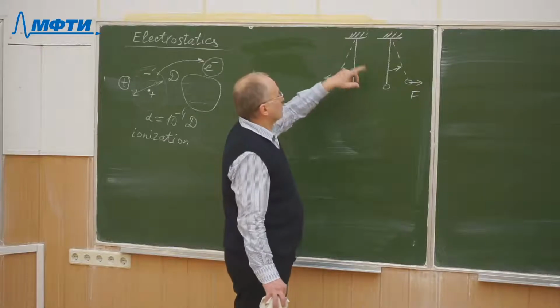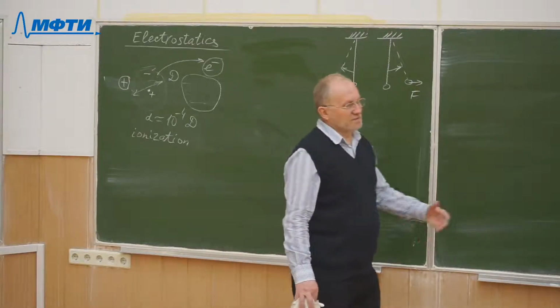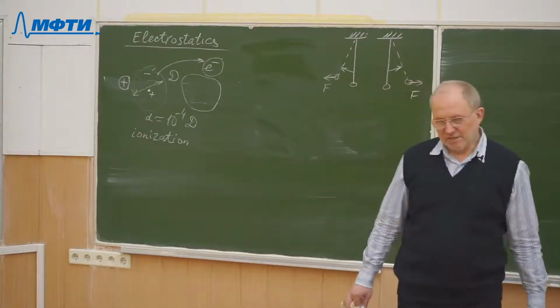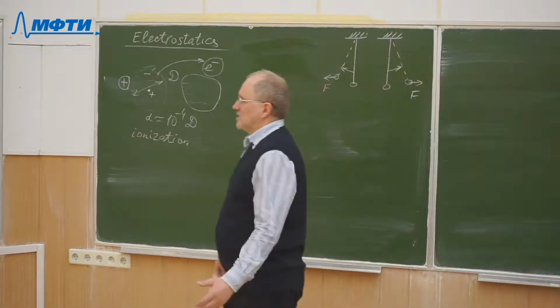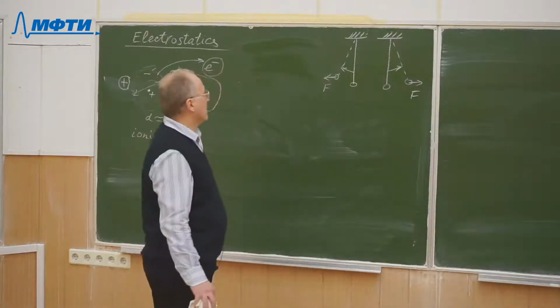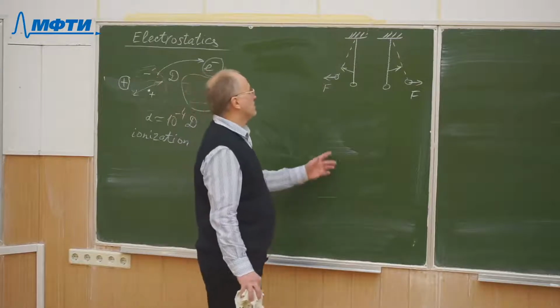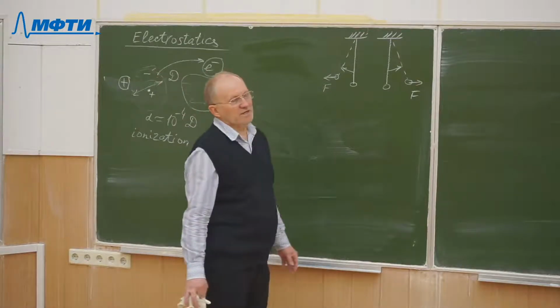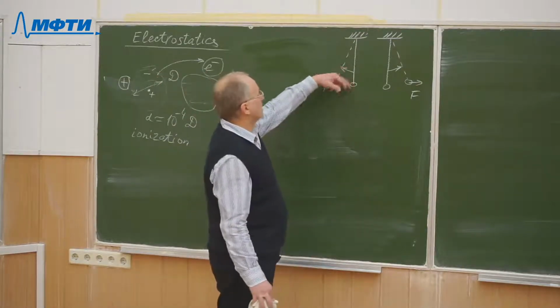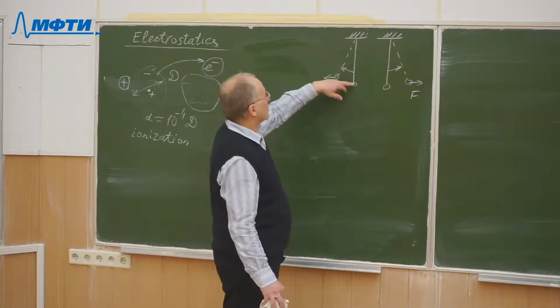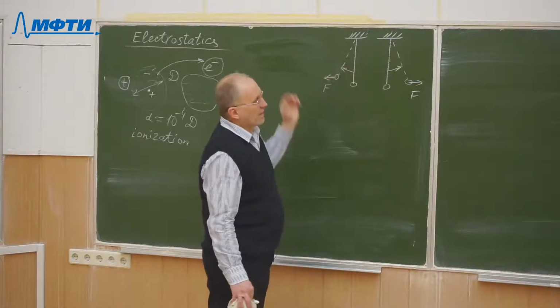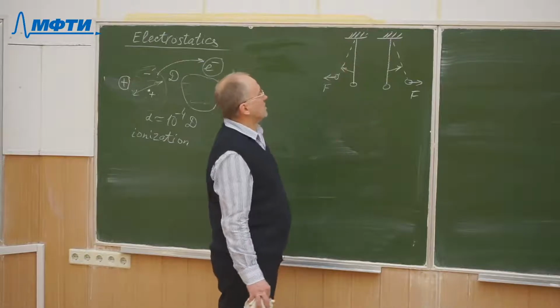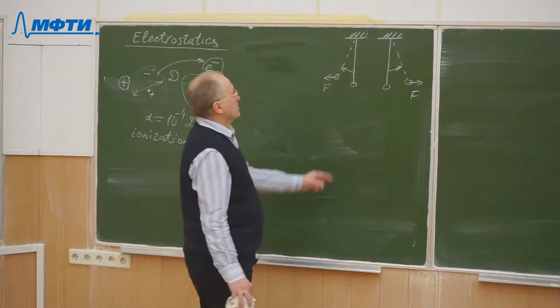And in this way, different substances are called conductors and insulators. Conductors are those substances which easily conduct electric charges, electricity, and insulators are substances which do not allow electric charges to flow easily. So silk thread is an example of an insulator.